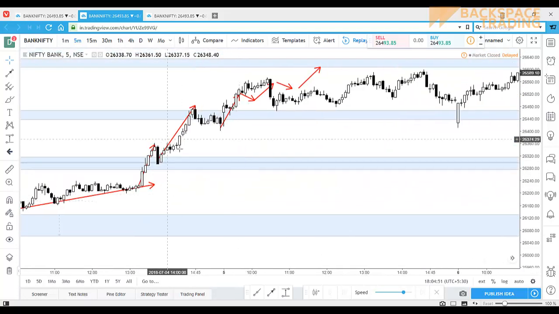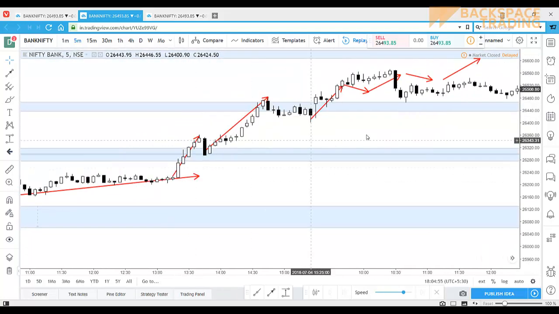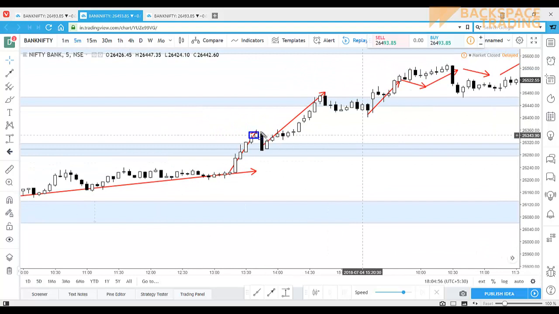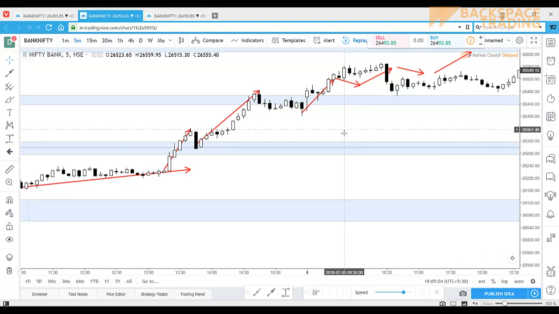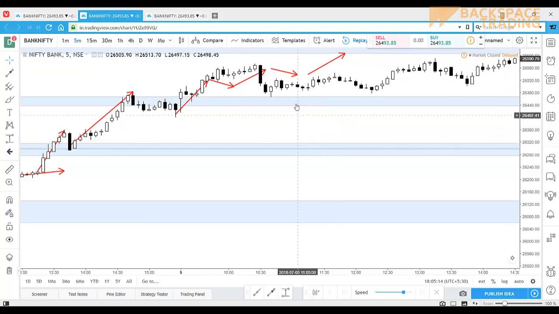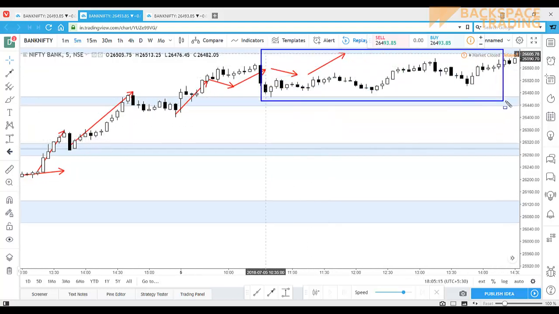Here it was an uptrend, it should continue in its path, and here you saw a breakout and a pullback, a breakout and a pullback, and here you had a breakout failure as well at this point, and you had a complex correction over here, and this is the sideways trend framework over here.